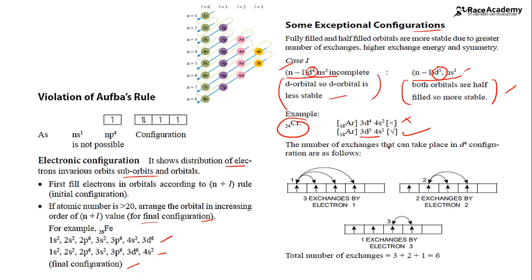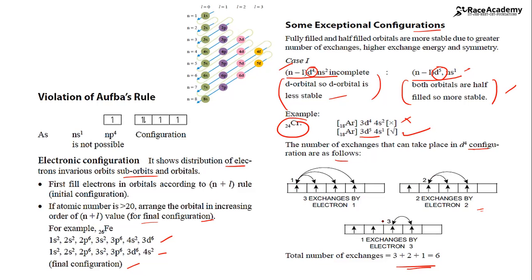The number of exchanges that can take place in the d4 configuration is lesser than in the d5 configuration. That is why the total number of exchanges is considered to change the electronic configuration of chromium, as well as copper, which will come in the next case. Here I can see 3 exchanges: exchange by 1 electron, exchange by the second electron, exchange by the third electron.